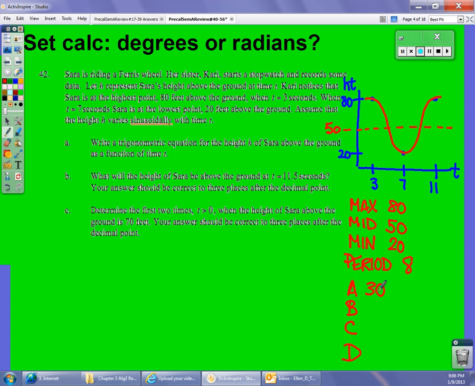Our B value is calculated from the period. Remember, 2 pi over B equals the period, in this case 8 seconds. Cross multiply, we get 8B equals 2 pi. Divide both sides by 8, and B is equal to pi over 4.